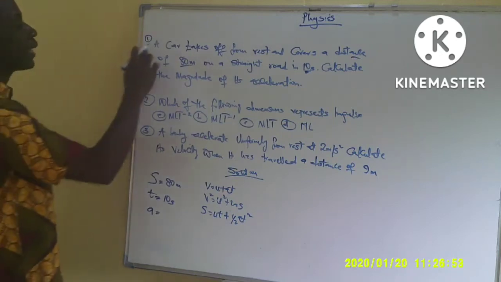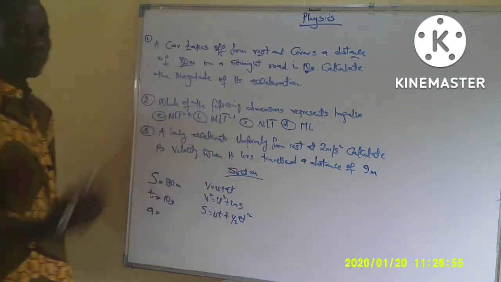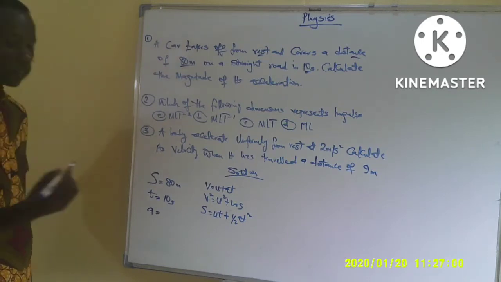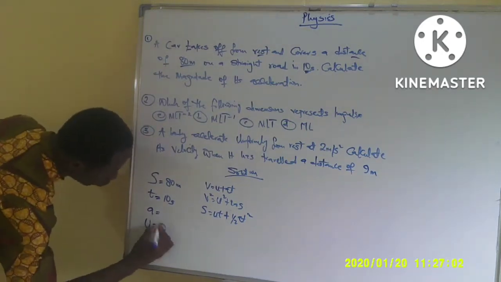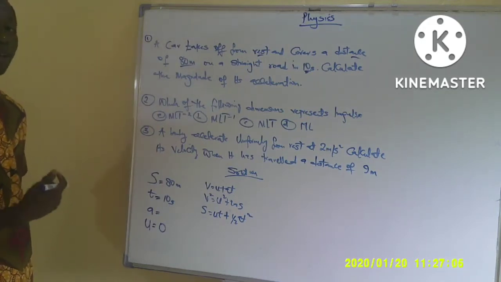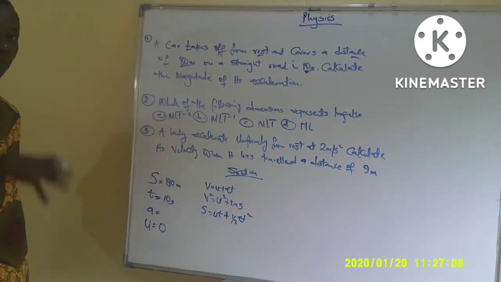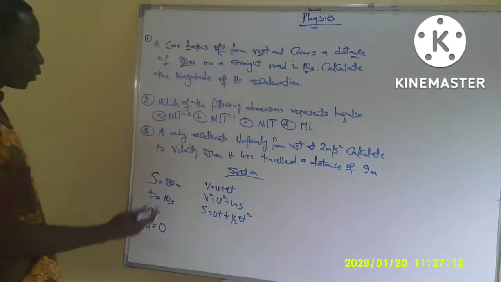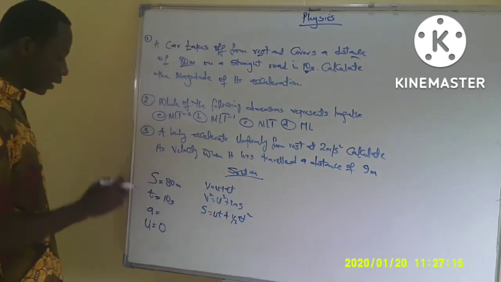Now, note that a car starts from rest. When a car starts from rest, I told you earlier that the initial velocity, which is u, is equal to 0. The fact that it starts from rest has proven that the initial velocity is 0. So that means the velocity of that vehicle when it was at rest was 0, which is initial. So which of the equations contain s, t, a, and u?